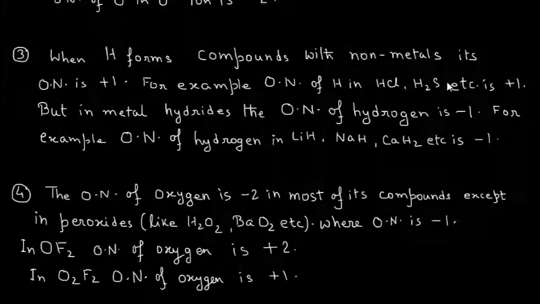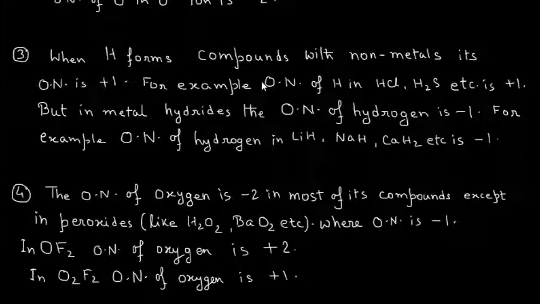Rule number 3: when hydrogen forms compounds with non-metals, its oxidation number is +1. For example, the oxidation number of hydrogen in HCl, chlorine being a non-metal, is +1. Again with H2S, it is again +1.